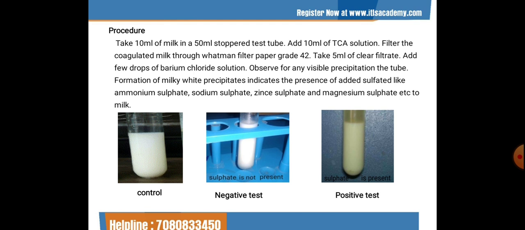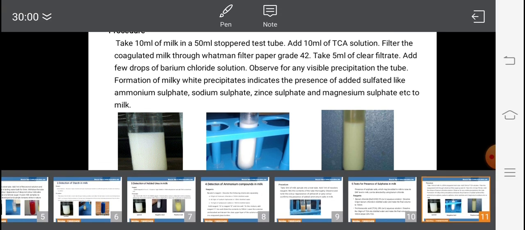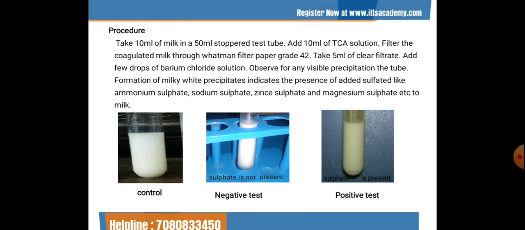Observe for any visible precipitation in the tube. The formation of a milky white precipitate indicates the presence of added sulfates like ammonium sulfate, sodium sulfate, zinc sulfate and magnesium sulfate, etc., in the milk. The control shows the milk, the negative test is in the middle picture, and the positive test showing the presence of sulfate is in the third picture.